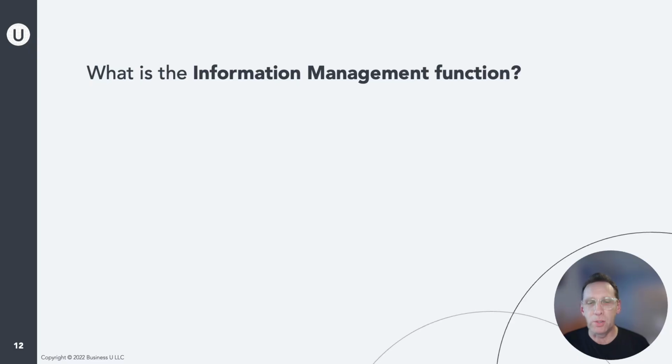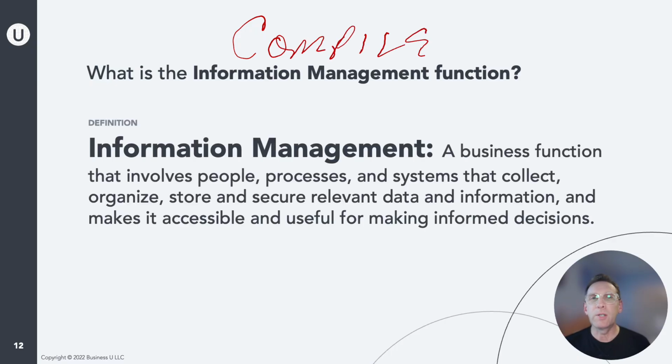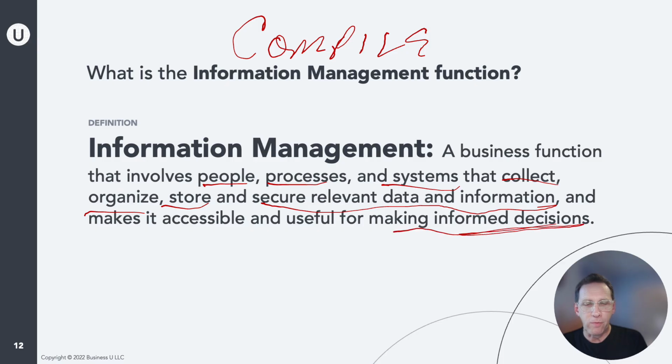So next, information management. What is this function? Again, in our 6 C's, this is compile. Information management is the business function that involves people, processes, and systems that collect, organize, store, and secure relevant data and information, and makes it accessible and useful for making informed decisions. This is the big part: you want to make informed decisions in your business.